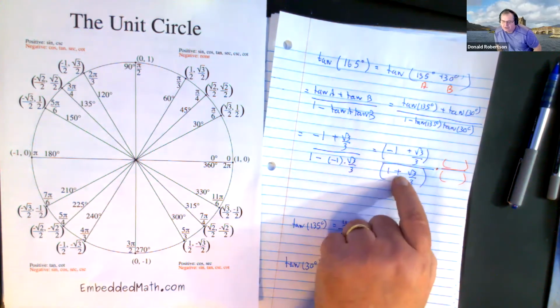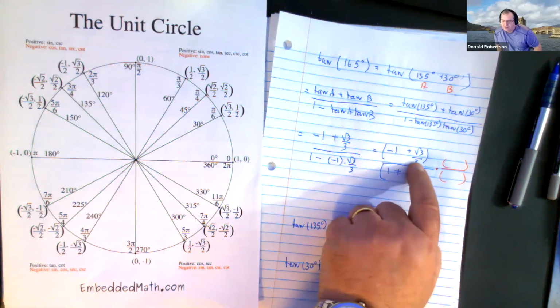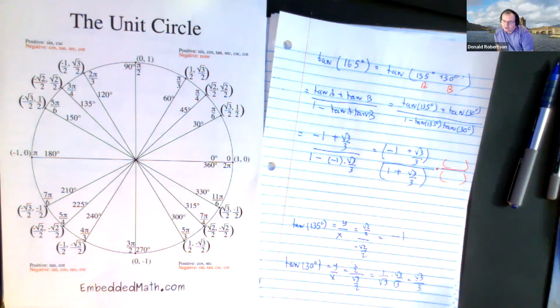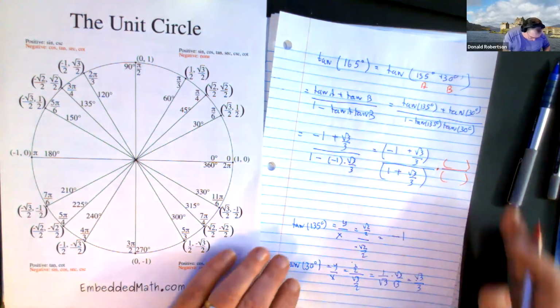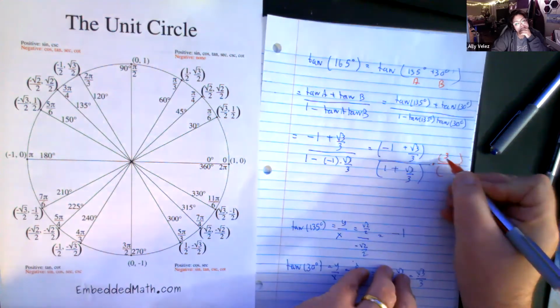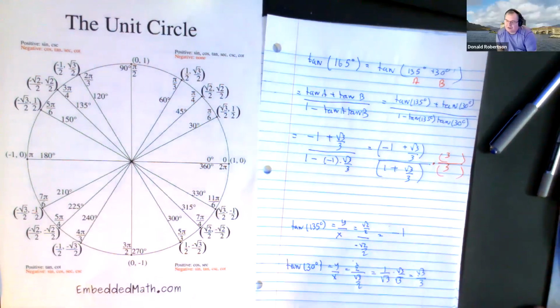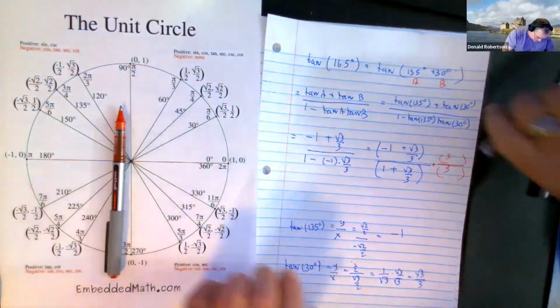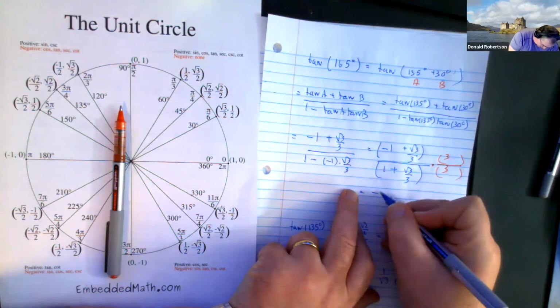What special version of 1 makes this 3 and this 3 go away? Three over three. Yeah. It's as easy as that. 3/3. Correct. Now, multiply the top guy, you get -3.